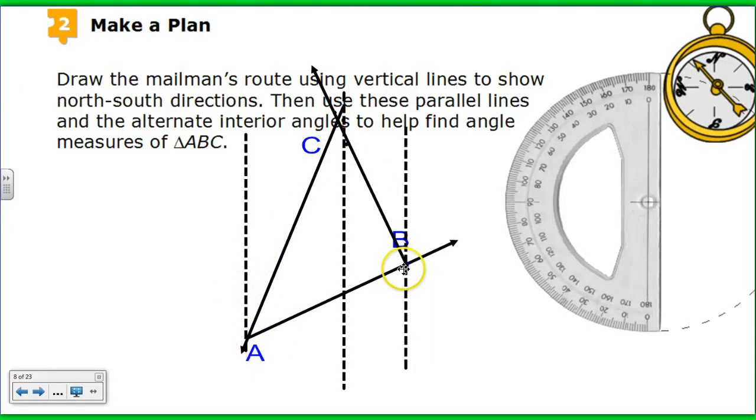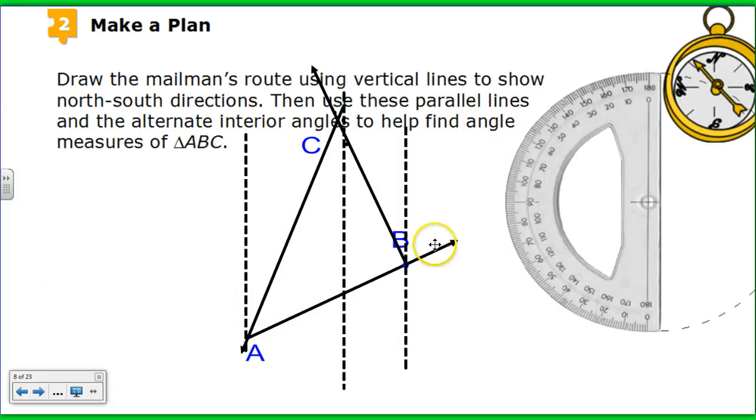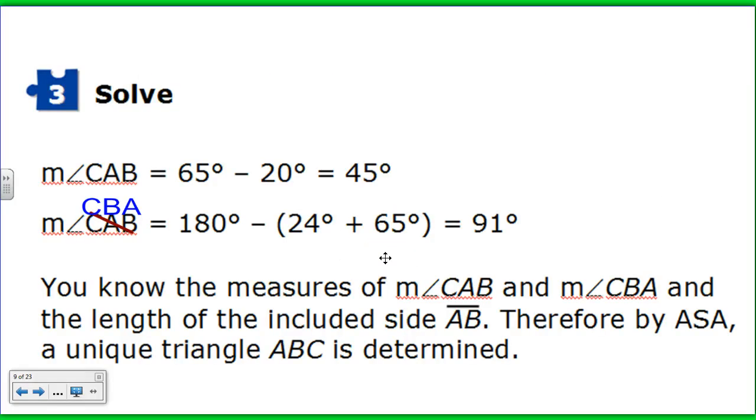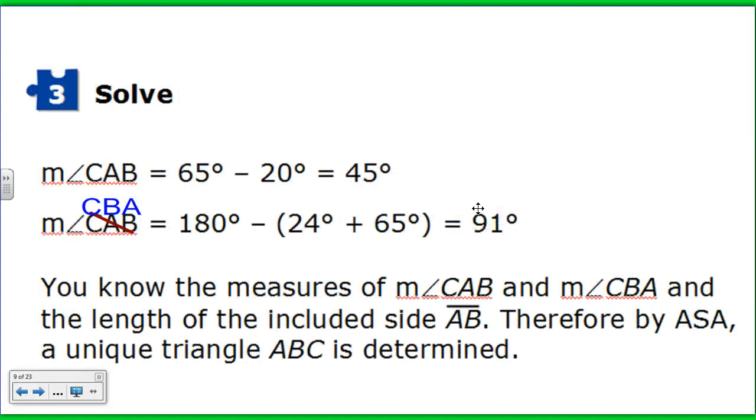So CAB gives us 45 degrees. The measure of CBA, let's see, CBA, this angle right here, would be 180 degrees. Oops. So imagine the line, and we subtract 24 plus the 65 degrees.